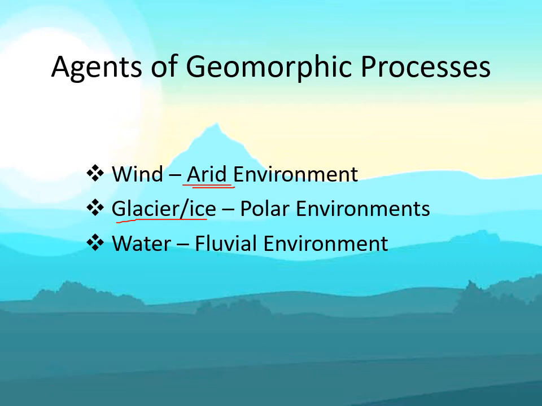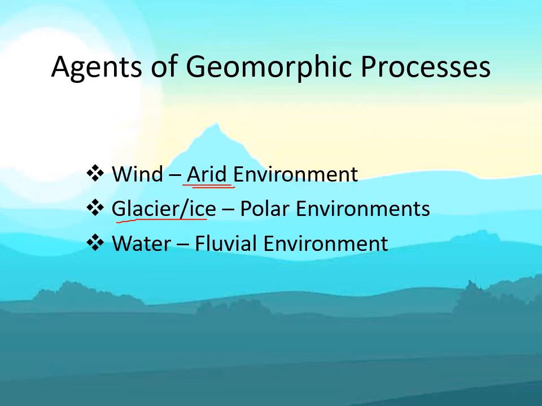Along with these polar areas, the continental high hill peaks, such as the peaks of Himalayas, high altitude hillocks, are also covered with ice and glaciers. So all those areas where glacial activity is found, not only the polar areas but also the high hill peaks of the Himalayas, of the Andes, of the Alps, are known as glacial environment.